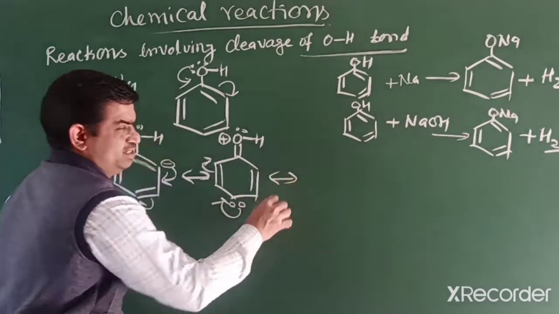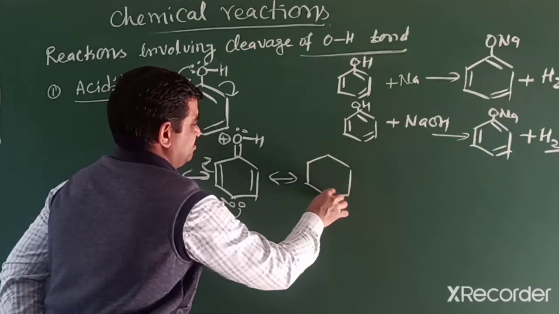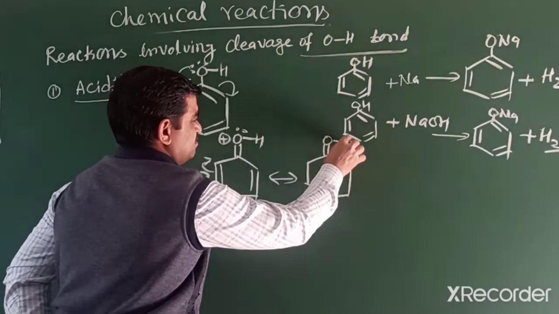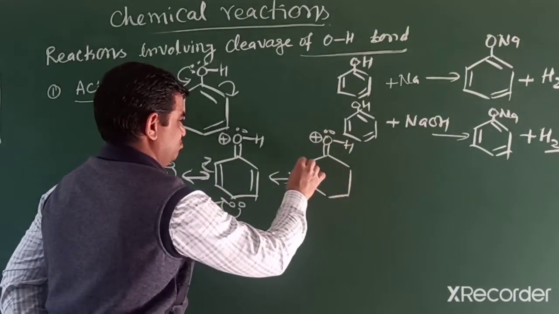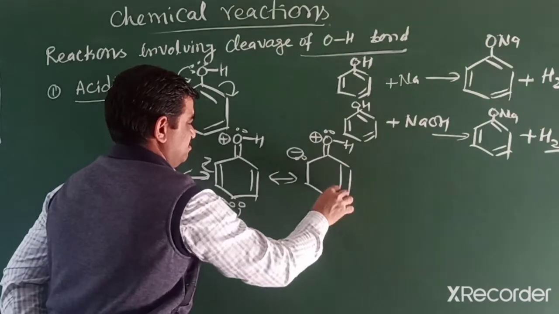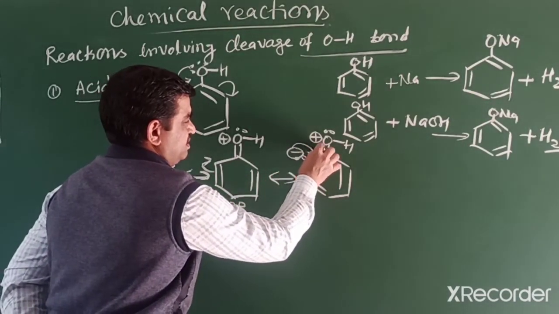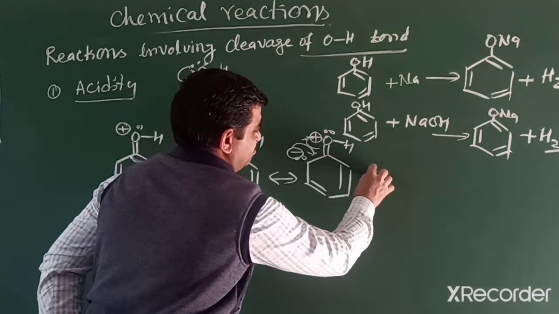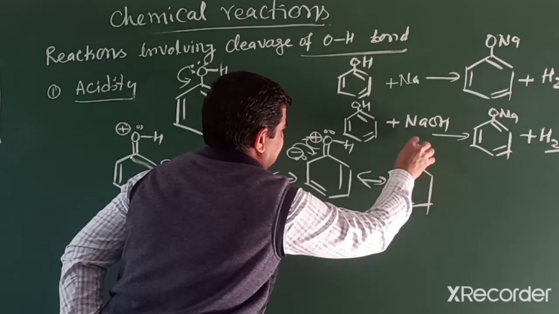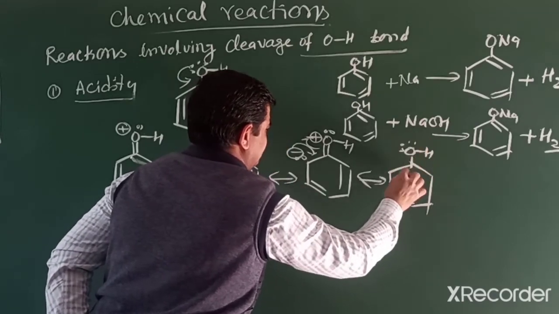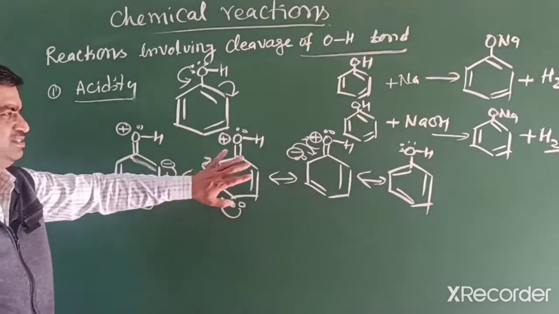We know phenol is ortho-para directing. Its resonating structures clearly indicate negative charge at ortho and para. Ultimately, phenol shows 5 resonating structures.